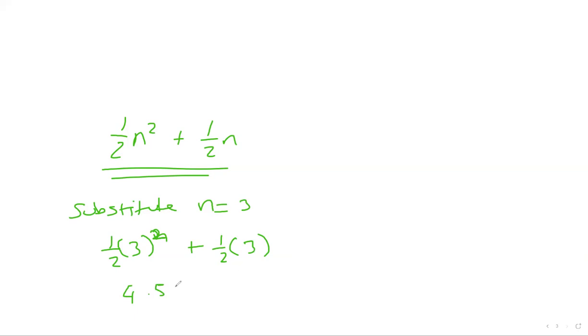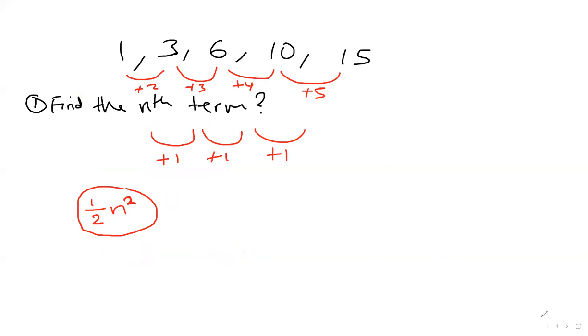And half of 3 is 1.5. Which is going to be 6. Let's go back to the sequence to double check the third term to see if it actually is 6, and it should be. Yeah, it is 6. We circle here. That's the one we're interested in.